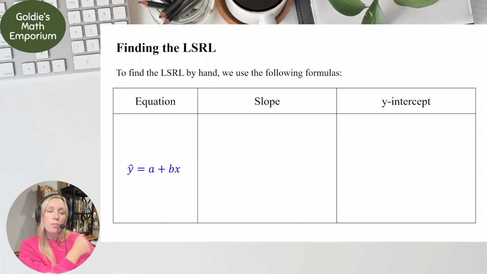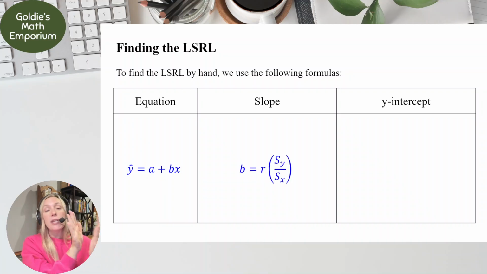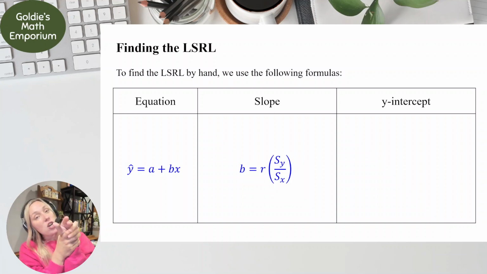To find the slope, which is going to be b, you take the correlation times the standard deviation of y divided by the standard deviation of x. Okay, so the correlation will either be given in the problem, or you will be asked to find it using your calculator. Okay, you won't have to find the correlation by hand.